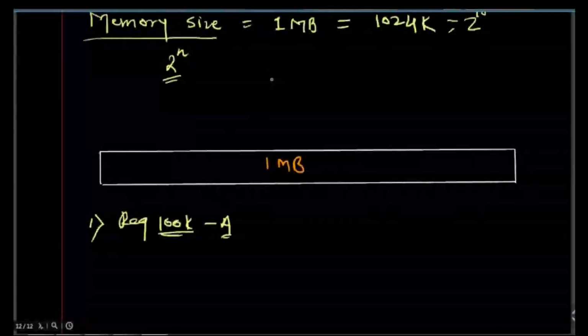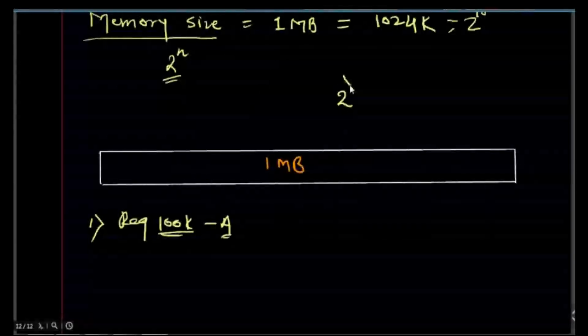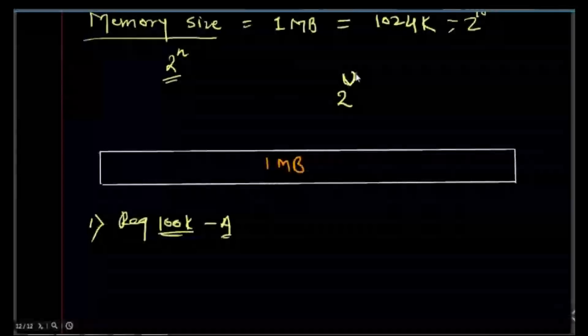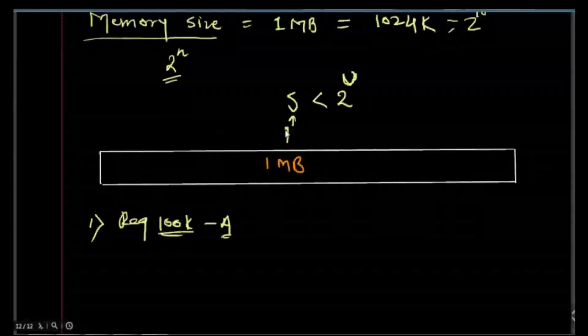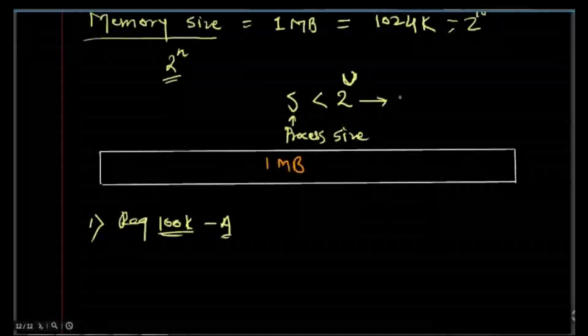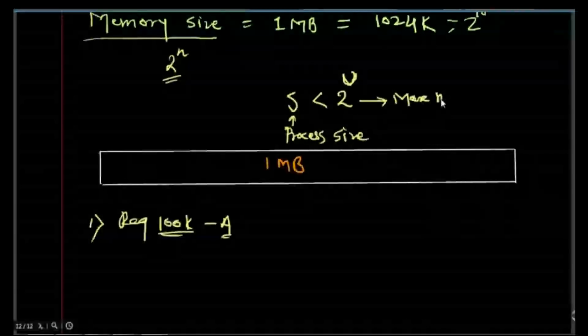So to allocate memory, the memory is always represented as a power of 2. Let us consider 2 raised to u is the maximum memory size, and S indicates the process size.